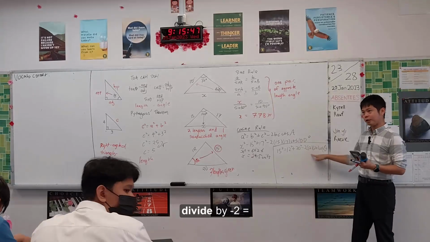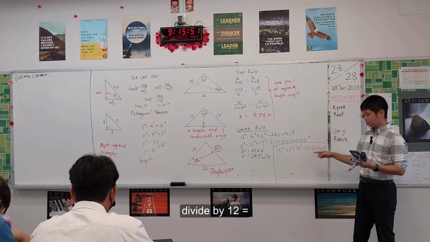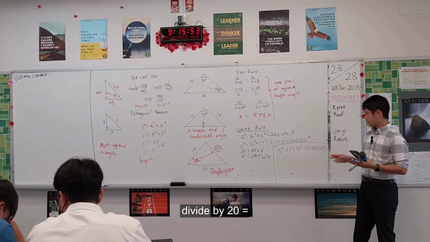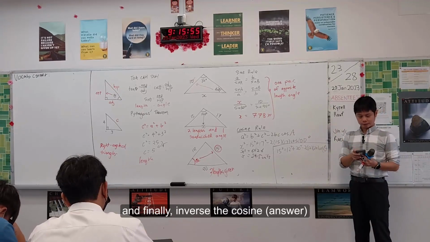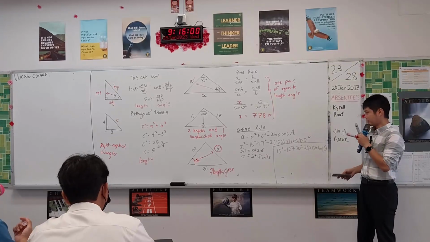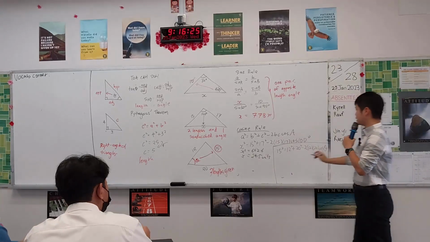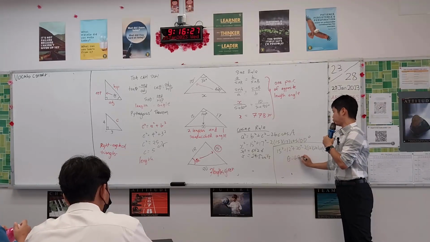Because this is times, so we divide. Divide by 12. Divide by 20. And you press equal, then inverse cosine. Alright, and then you get the answer. So the answer will be theta equals to 48.3.